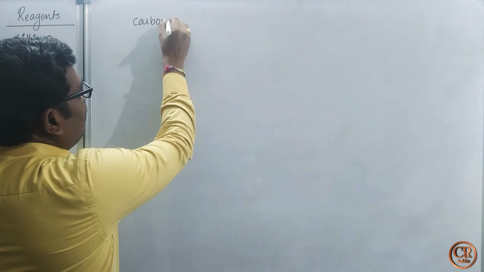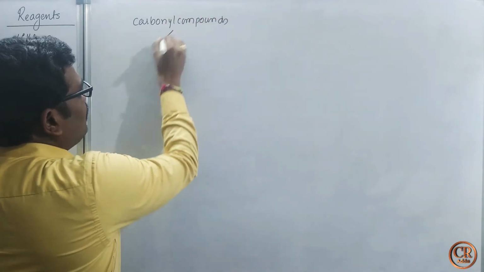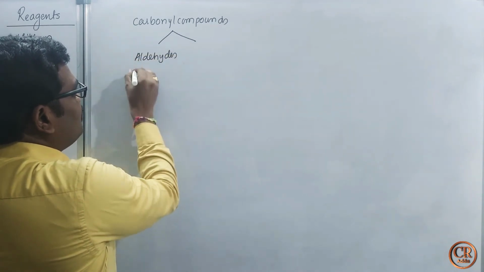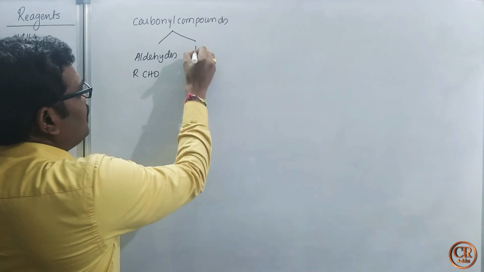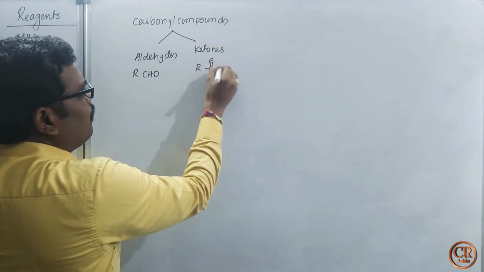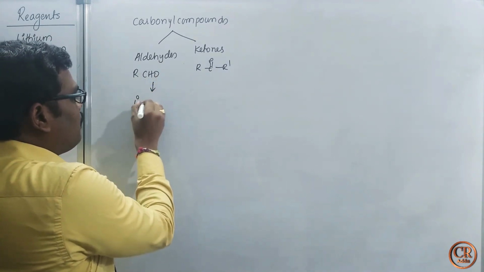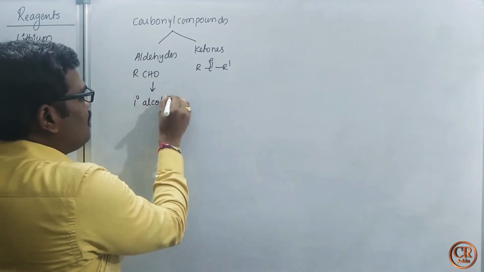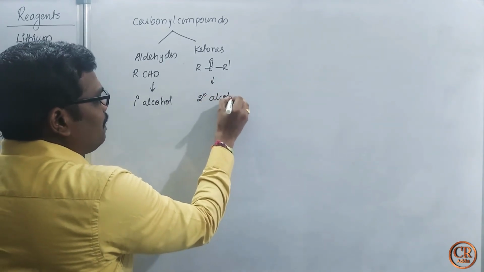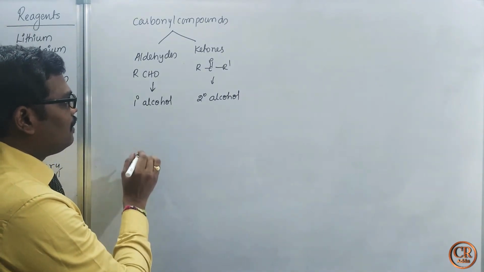So here I am writing carbonyl compounds. Here aldehydes and ketones are called carbonyl compounds. If you take aldehydes, its general formula RCHO. Ketones general formula R C double bond O R dash. Generally, aldehyde gives primary alcohol, whereas ketone gives secondary alcohol.